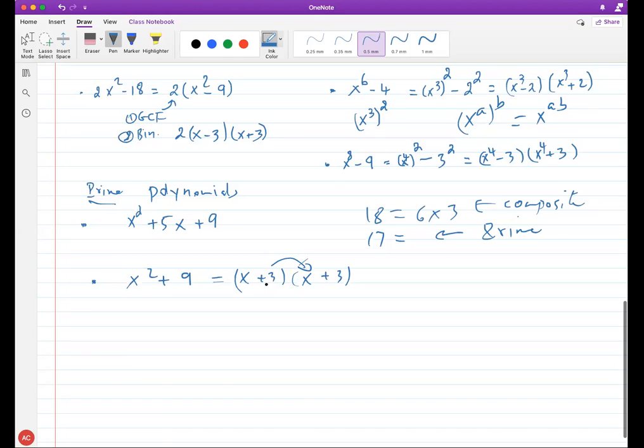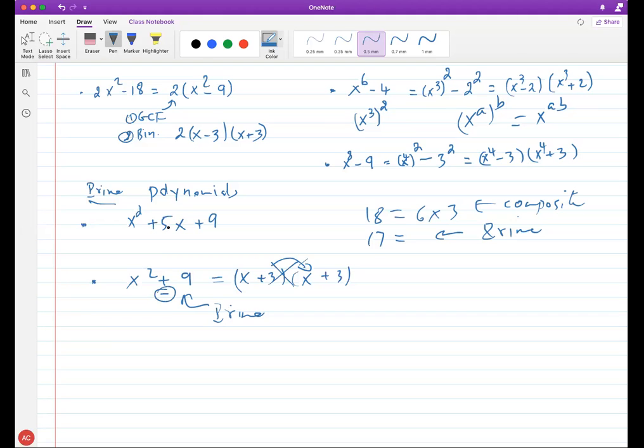If you distribute this, it's not going to be this. You can check it for yourself. It has to be a minus. That's why it's called the difference of two squares. So this also can't factor. This is also prime.